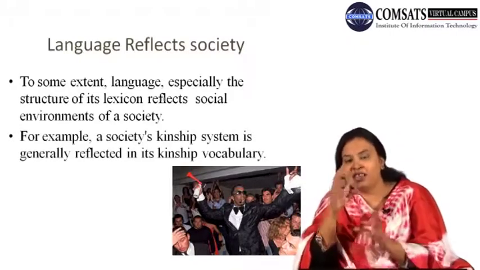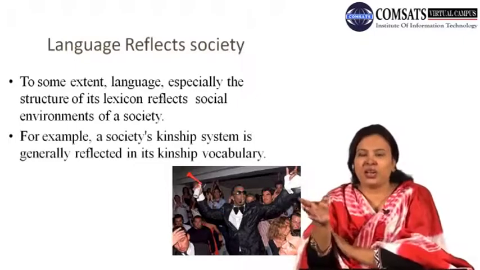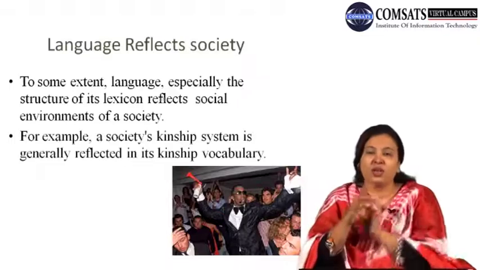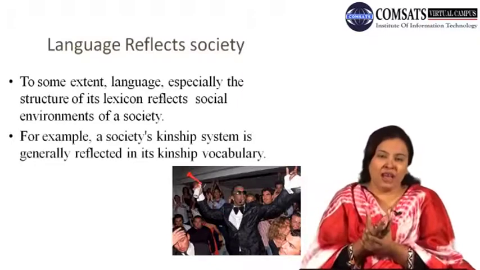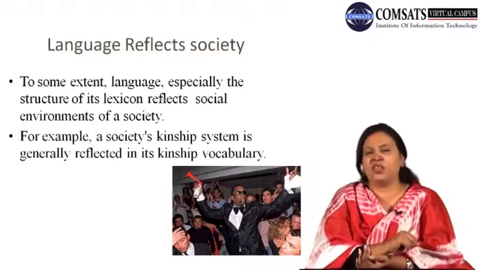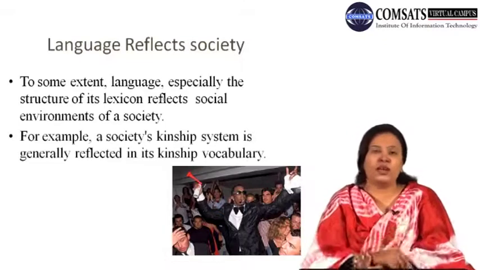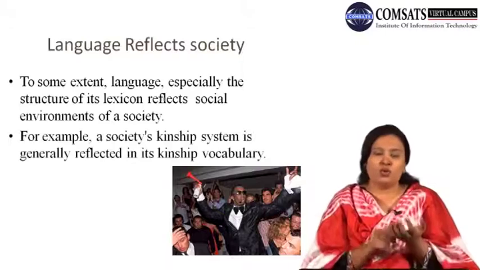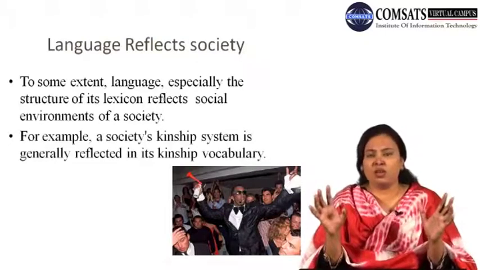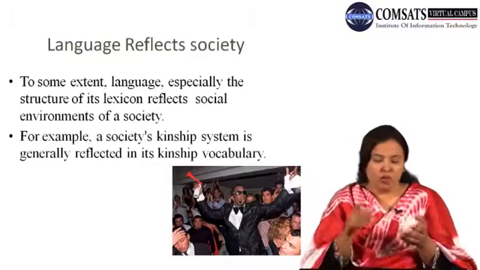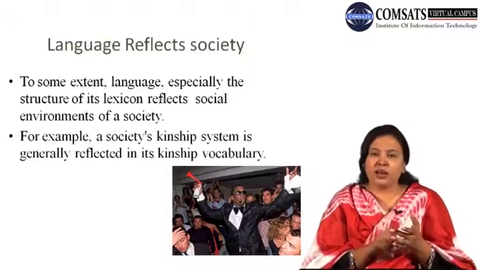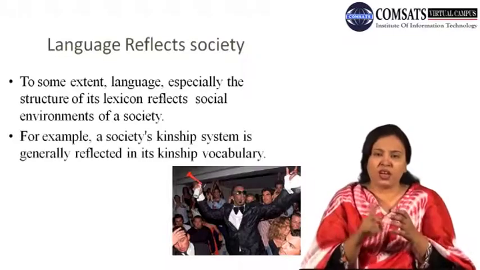So this shows that in their society, because they do not have very much concern with relationships, their language has few words for kinship relationships. On the other hand, take the example of our own language. In Urdu, we have a list of words for showing kinship relations. We have chacha, mamu, taya, phuppo, dada, dadi, nana, nani, mamuzad, khalazad.